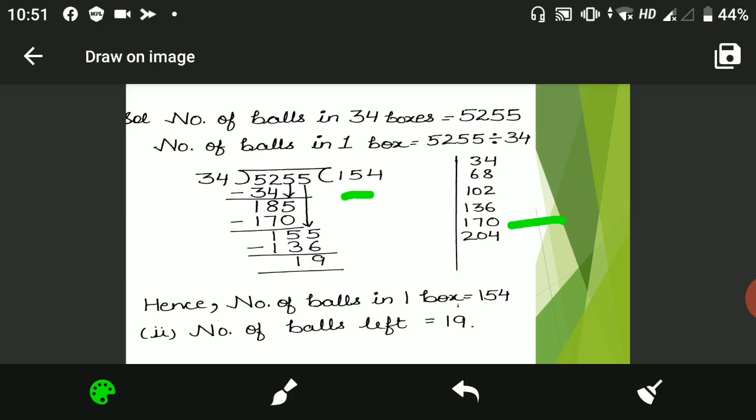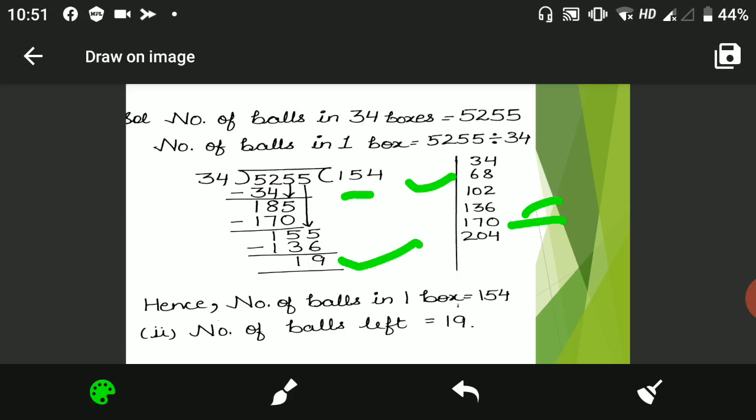Now see, 155. Which number is closer to 155? That is 136. So I have written 136 down of 155 and its position is 4th. So I have written 4 over here. 155 minus 136 is equal to 19. So I have got the remainder 19.